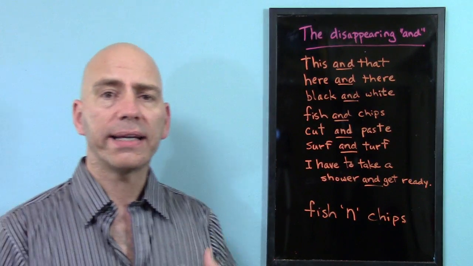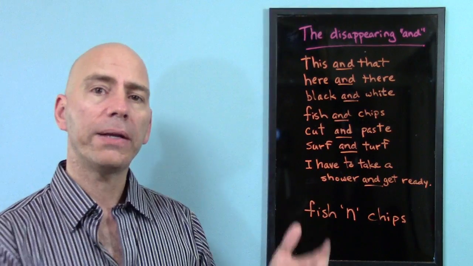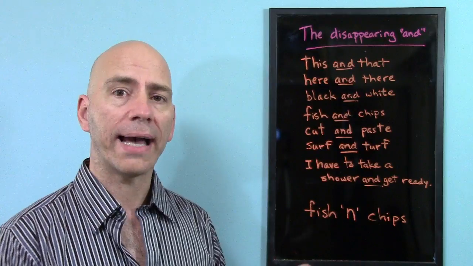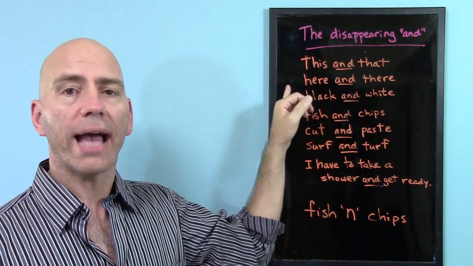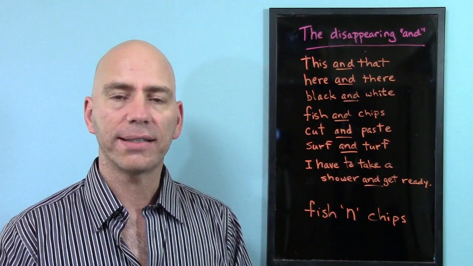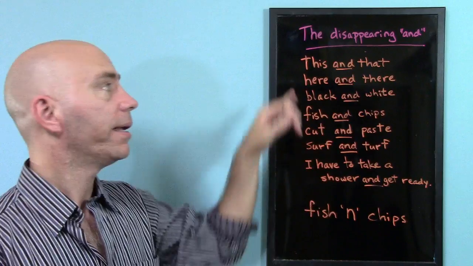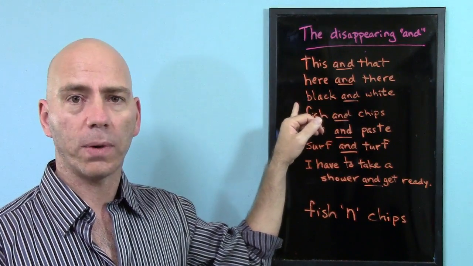If I enunciate a lot and very, very clearly, I might read these words as "this and that, here and there." If I reduce the enunciation a little bit, I might say "this and that, here and there, black and white."